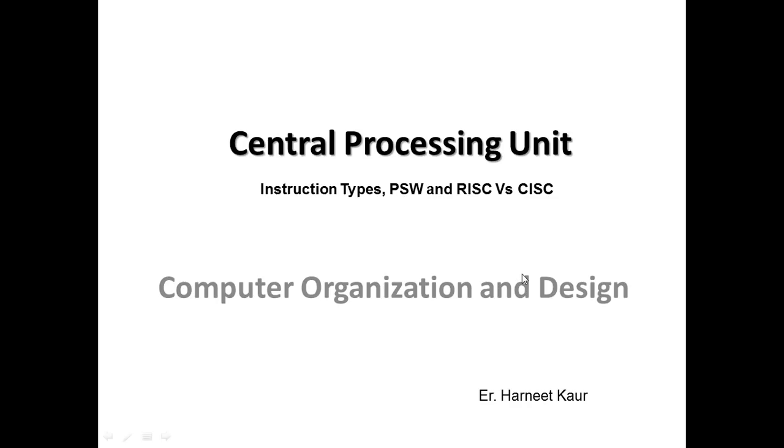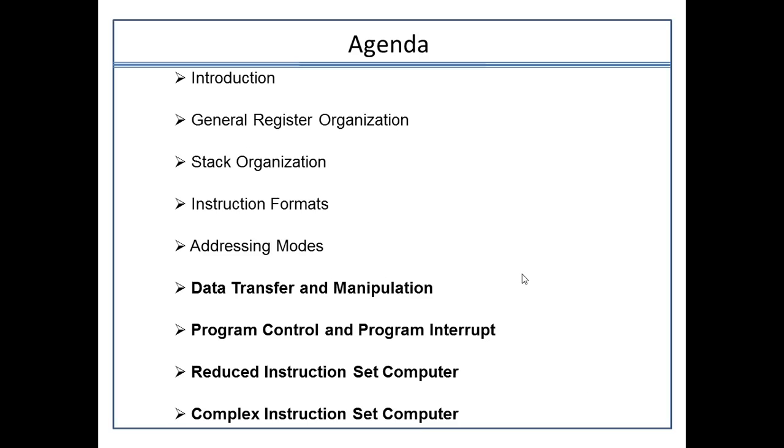As we are discussing the central processing unit, today we will describe in brief the left topics like data transfer and manipulation, program control and interrupt, then the reduced instruction set computer as well as the complex instruction set computer.